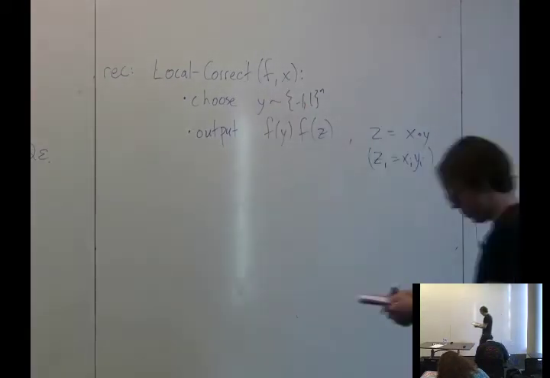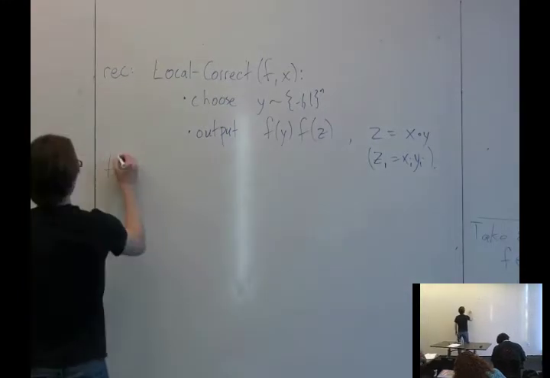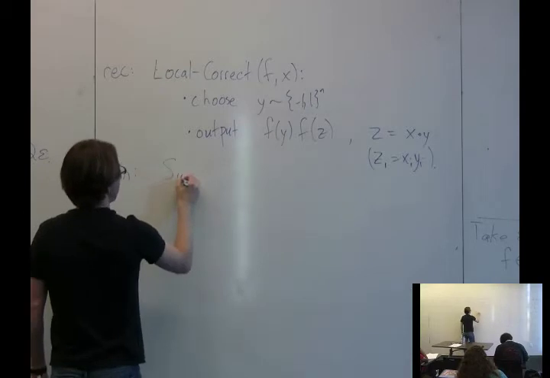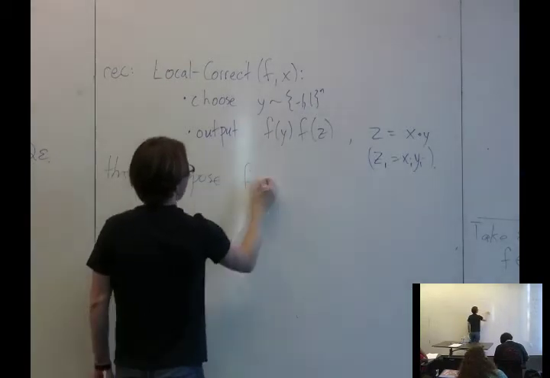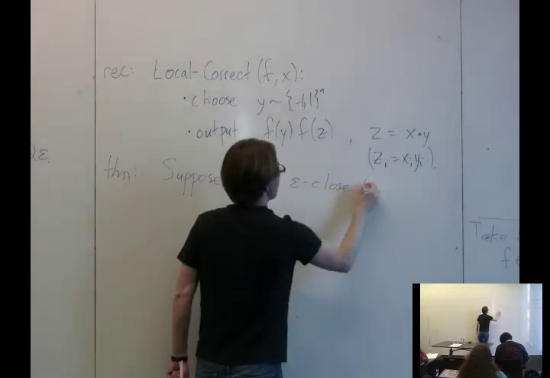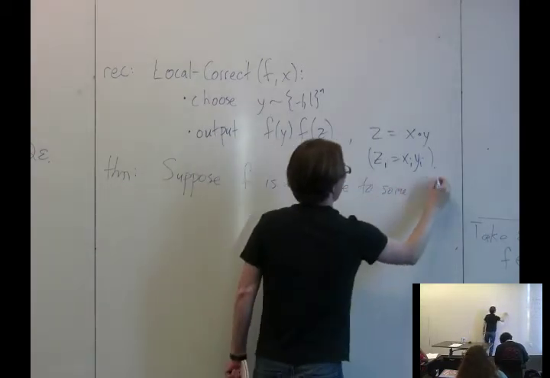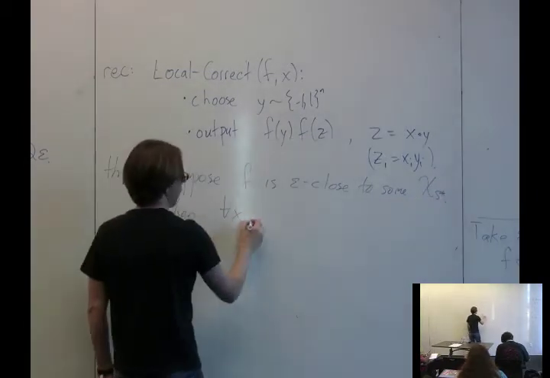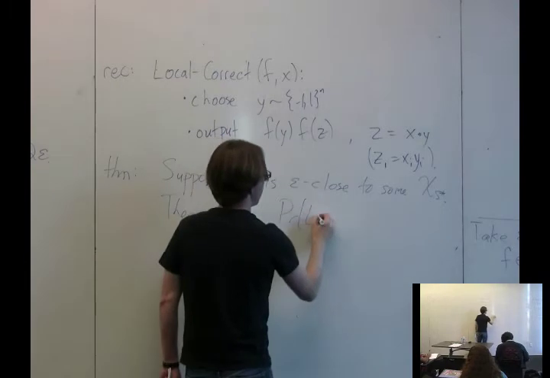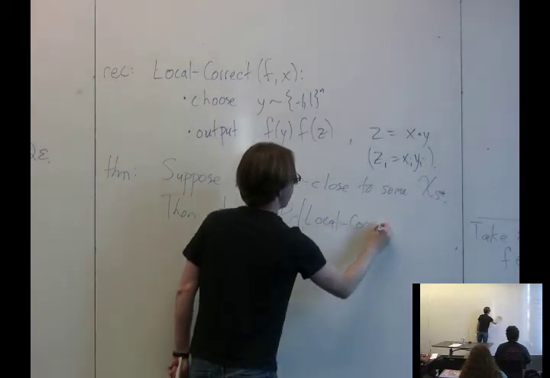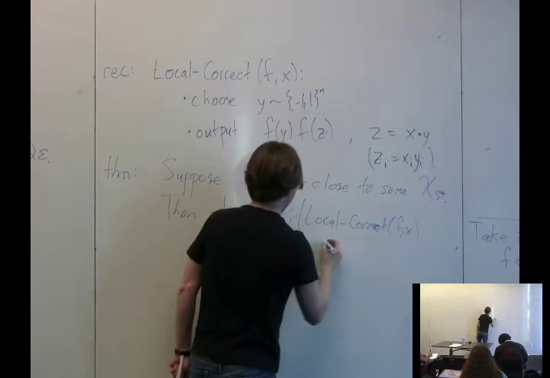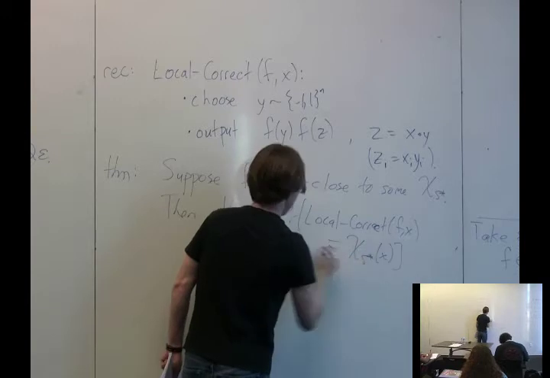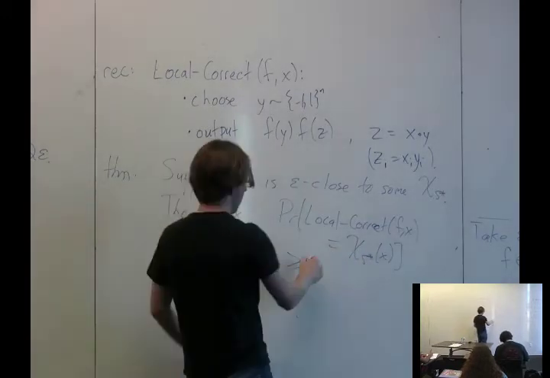And the little theorem that we proved about it, and please remember this for when we're going to apply it: suppose f is epsilon close to some parity chi s star, then for all x, the probability that running this local correction algorithm on f and x equals chi s star of x is at least 1 minus 2 epsilon.